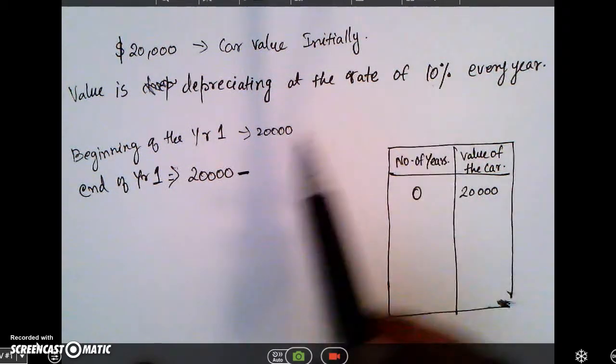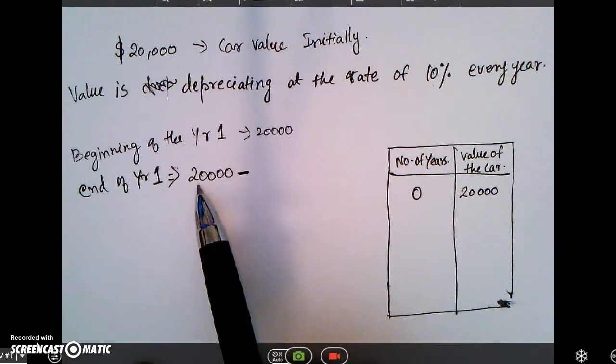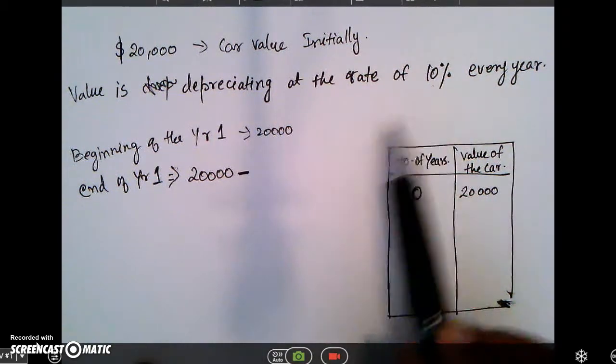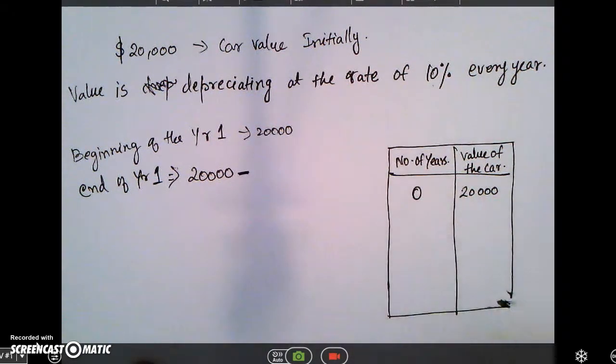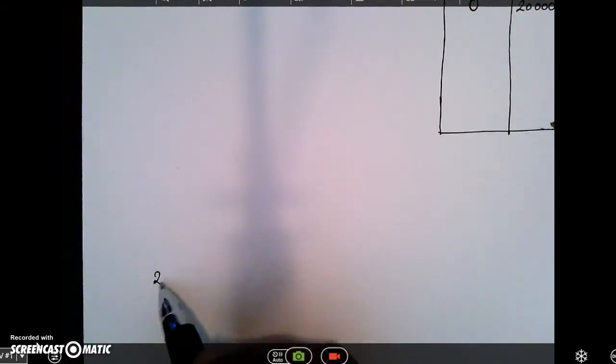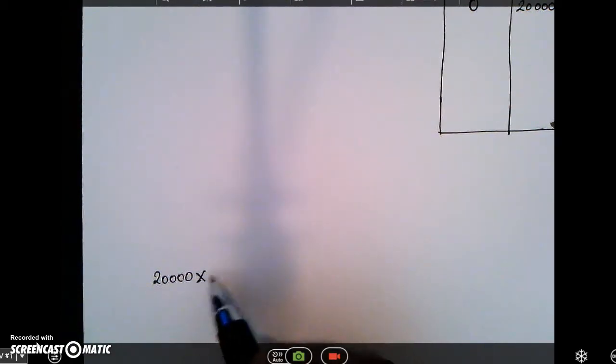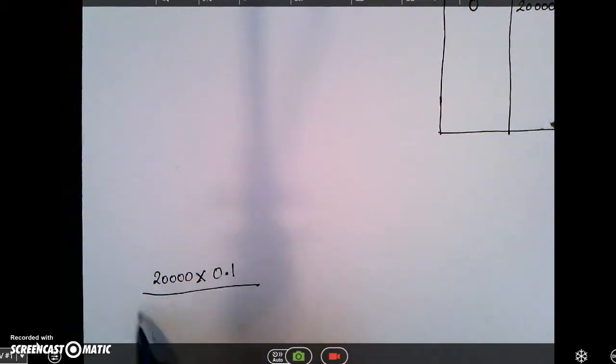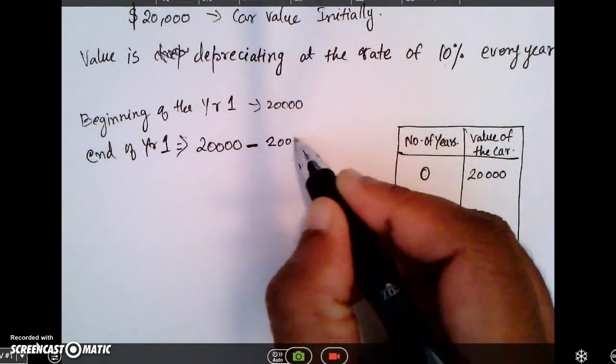Original value is 20,000. What is 10% of 20,000? So I'm going to do the calculation here down the bottom. 20,000, 10% of that, 10% is 0.1, right? So that is 2,000. So 2,000 is off its value.